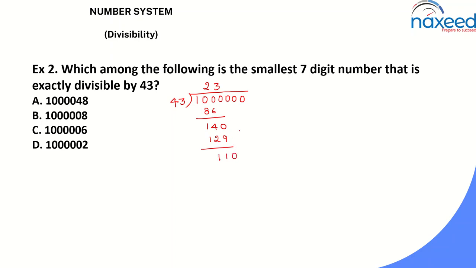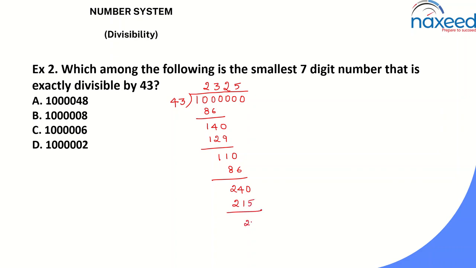Take one more 0. 2 times 43 is 86 again, and the remainder is 24. Take one more 0, and 43 into 5 is 215. The remainder is 25.